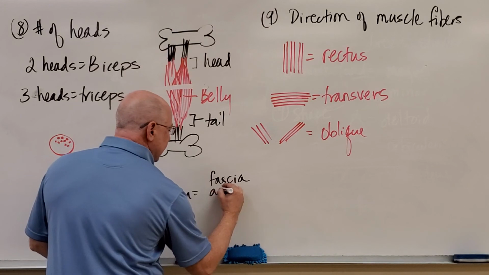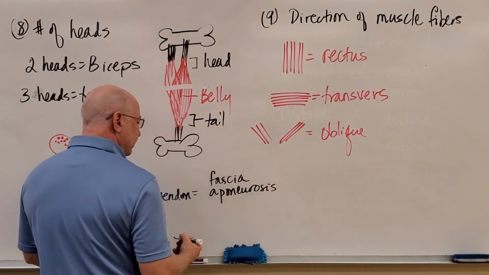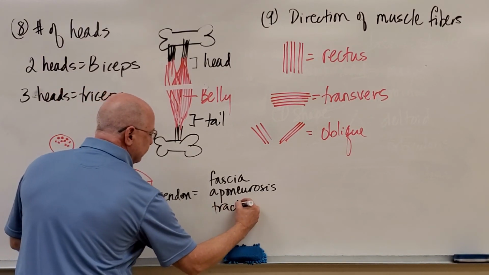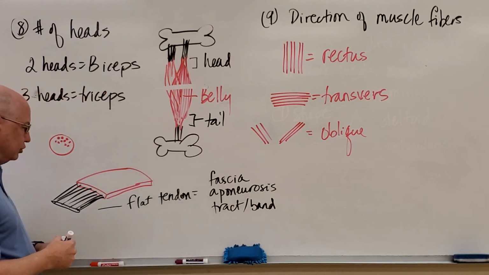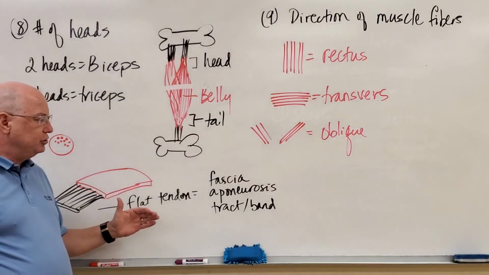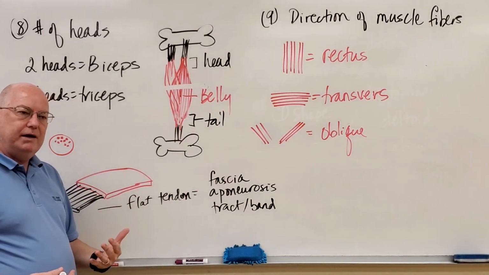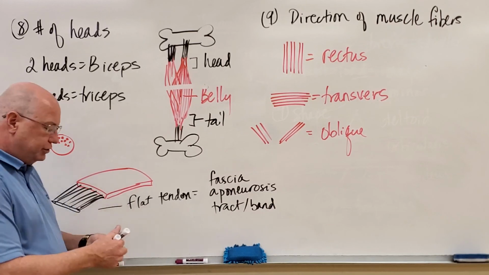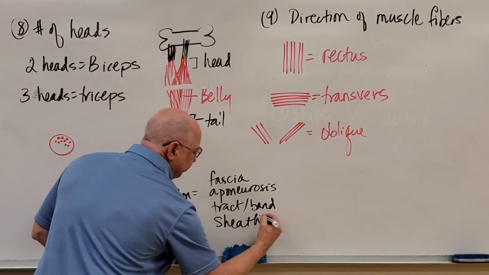They can be called an aponeurosis. And sometimes they're referred to as a tract or band. So we'll see some of these terms used as well. Fascia, aponeurosis, or tract or band, or sometimes they'll use the term sheath.